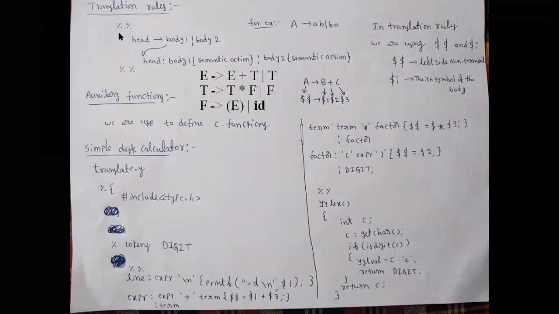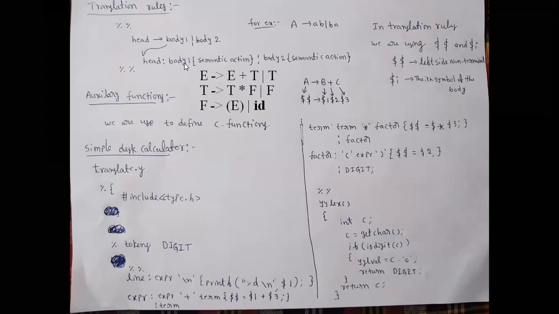In the translation rules section between the percentages, this production is written as follows. Head, colon, body 1. Head means the left side non-terminal attribute value. Here body 1 is AB.